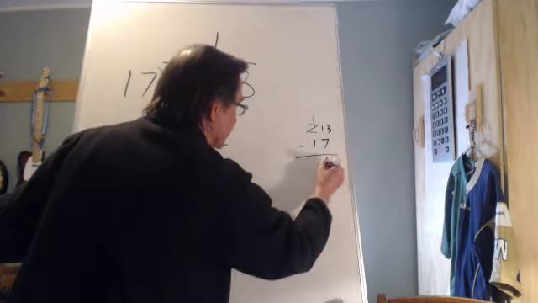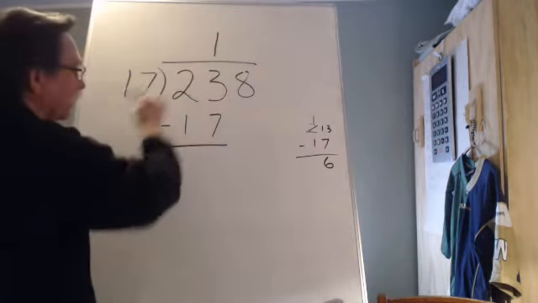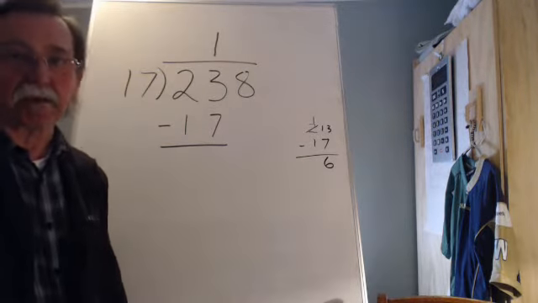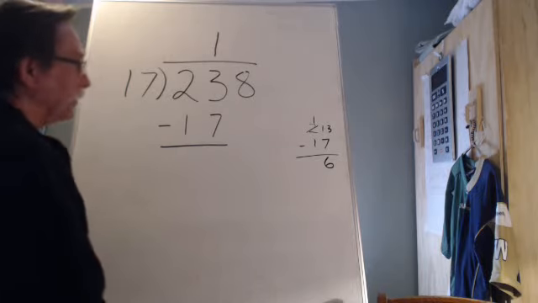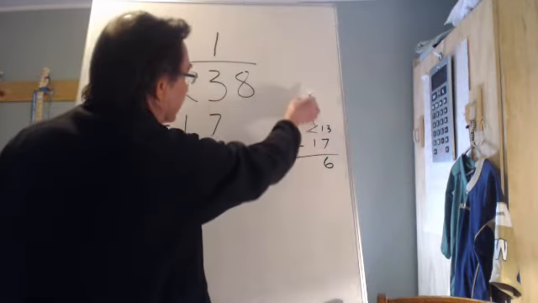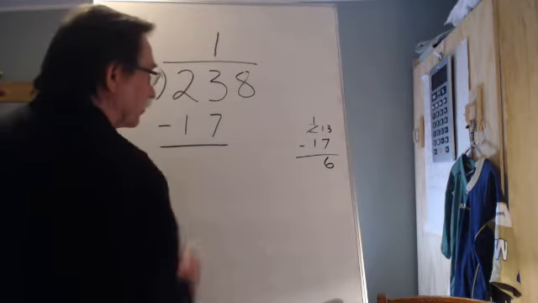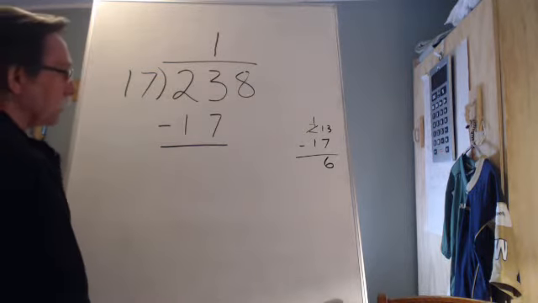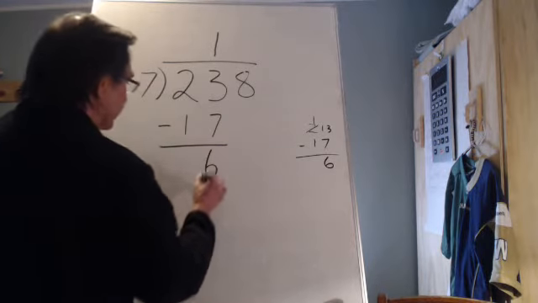And then my answer is 6. If I were to do all that under here, that would make a really big mess. You'd have to write awfully large in order to do that. So this is where I like to get my students to leave space off to the side so that they can do their rough work. So 23 minus 17 is 6.